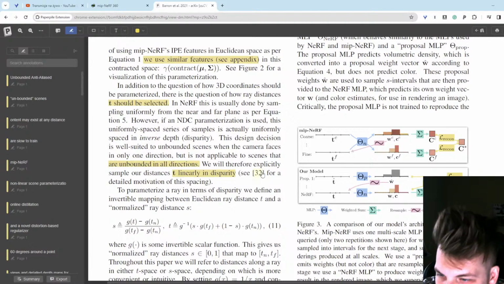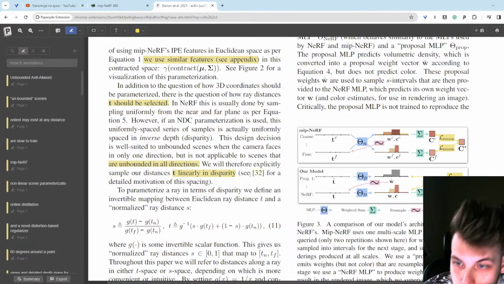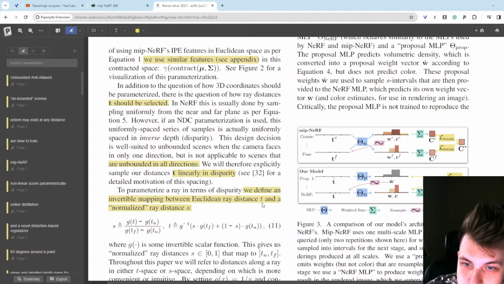And they refer to some paper here that they get the spacing from. To parameterize rays in terms of disparity we define an invertible mapping between Euclidean ray distance t and normalized ray distance s. Okay, so we have this Euclidean ray distance t, our regular distance, and s is this normalized ray distance.